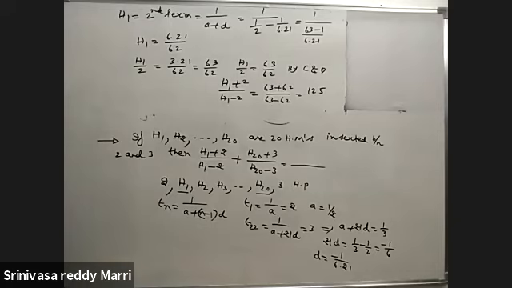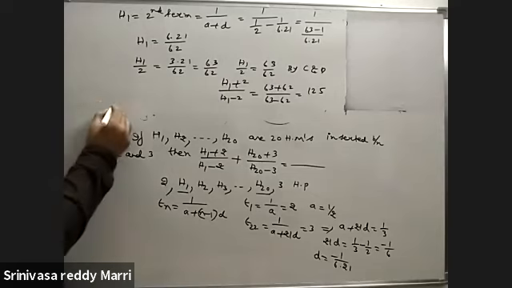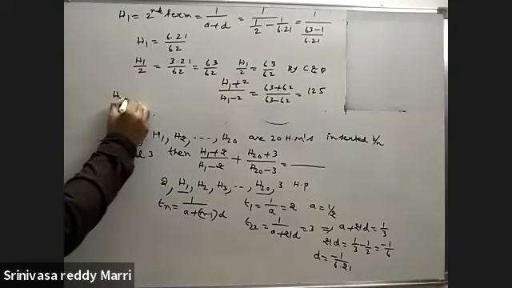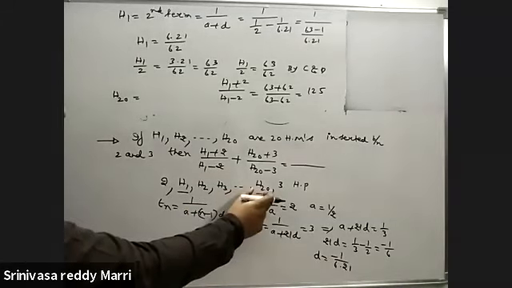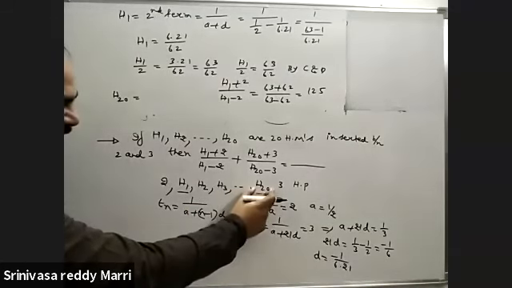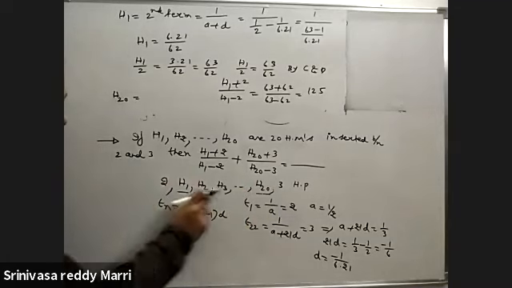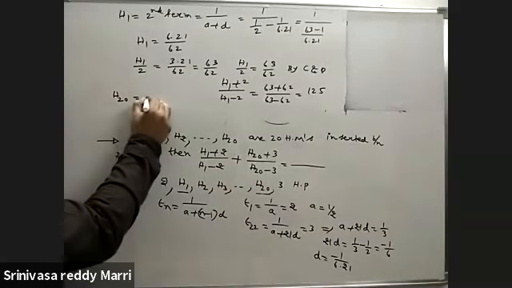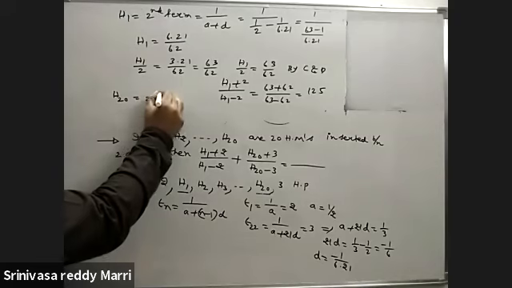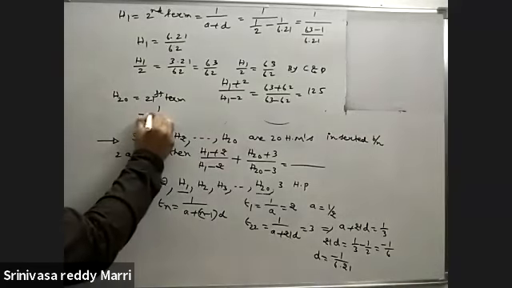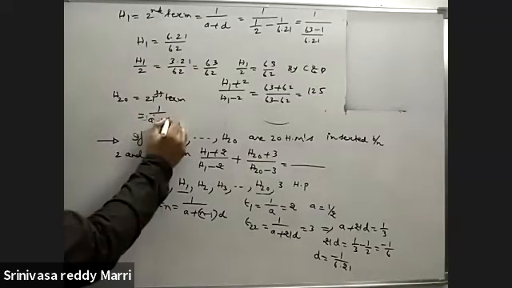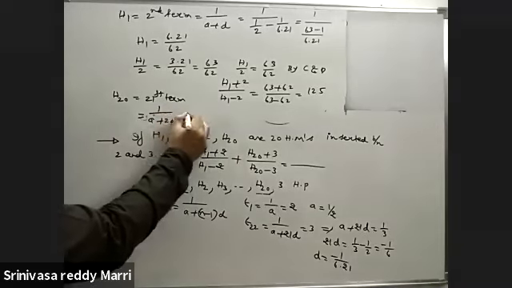Now you got H1. Similarly, you can calculate what is H20. H20 is nothing but how many term? Don't be misled like 20th term, not 20th term. 2 is also there. That means 21st term. 21st term is nothing but A plus n minus 1 into D, 20D.